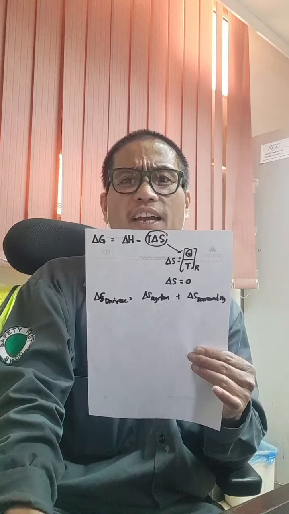So work is equal to QH minus QC, or we can also say work is equal to TH minus TC, because of the temperature input minus the temperature output.